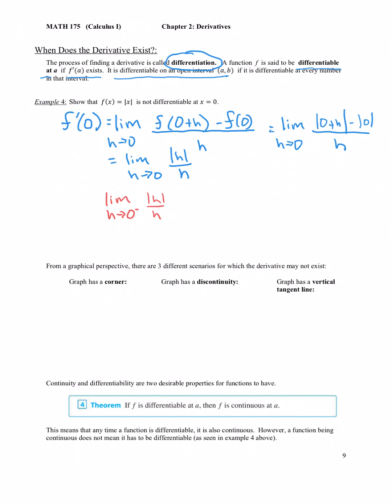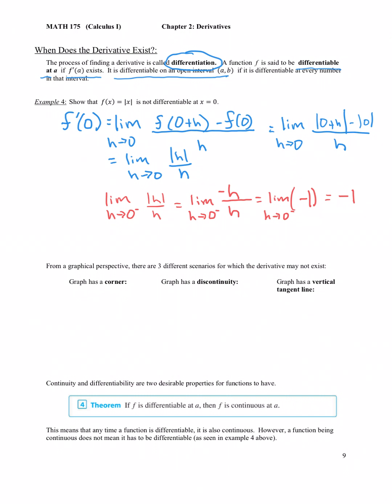If we are approaching 0 from the left side, that means from the negative numbers, we're going to have this. And negative h over h is going to be negative 1. So our left-hand limit is negative 1.